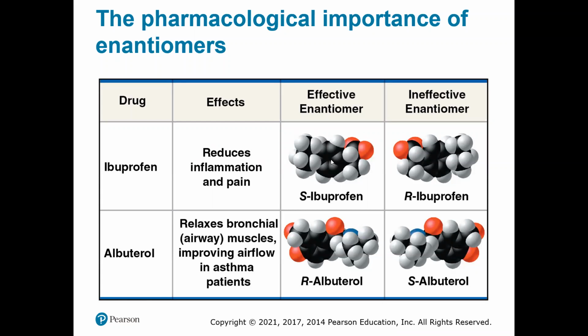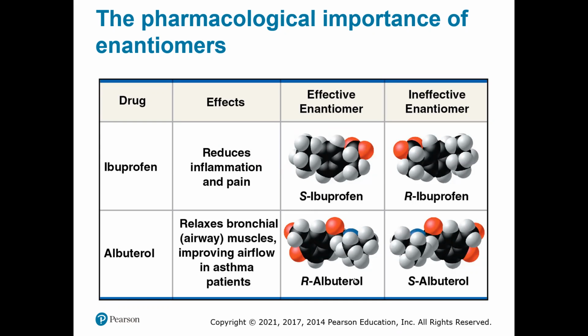In this example, showing the importance of enantiomers, the S-ibuprofen and R-ibuprofen molecules are mirror images of each other, and only S-ibuprofen is effective at reducing inflammation and pain.